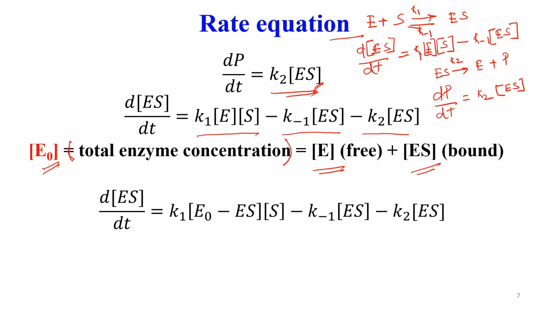So, here what we have to do in the first rate equation where E was there, E has been replaced with E naught minus ES.